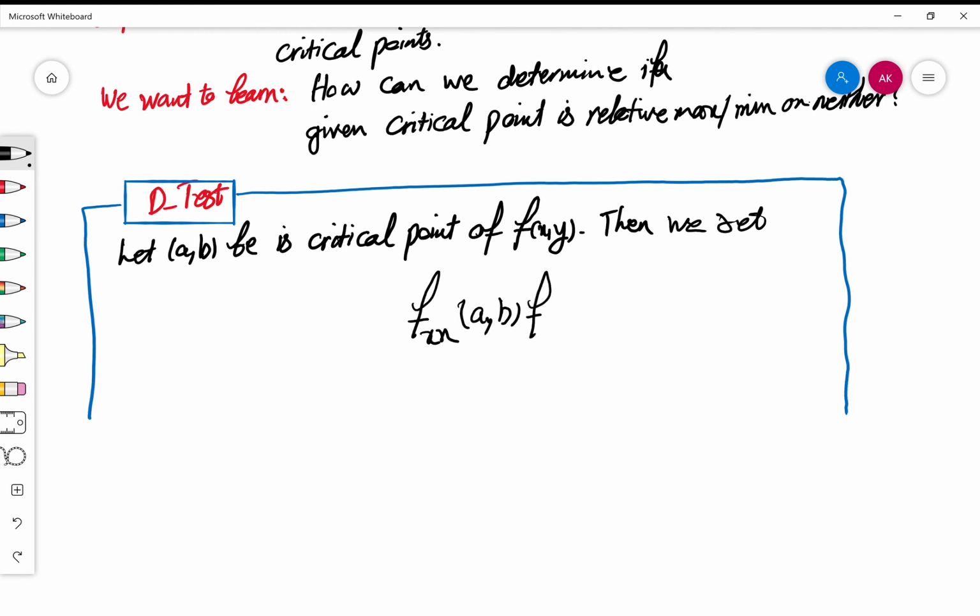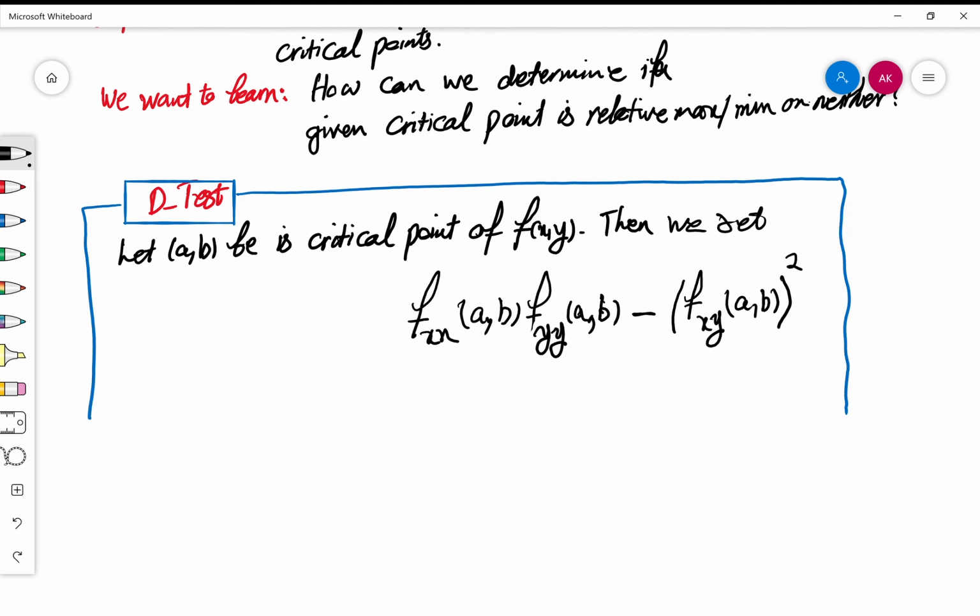You find fyy, and then evaluate it at (a, b). Then find fxy and evaluate it at (a, b). This last thing you have to square and subtract from the product of those things.